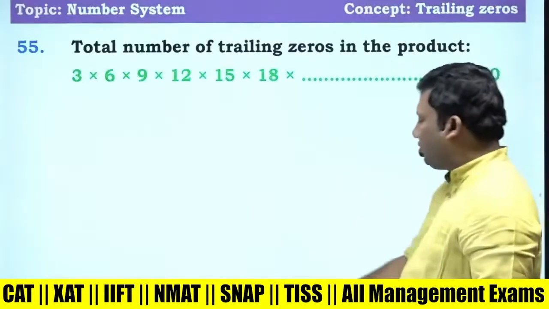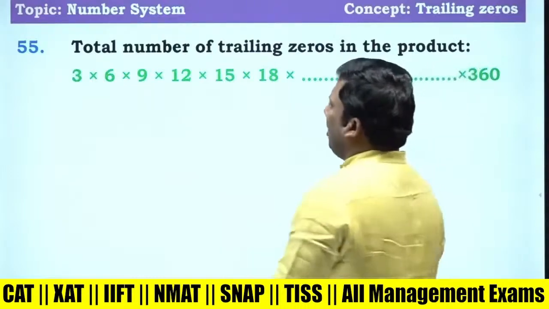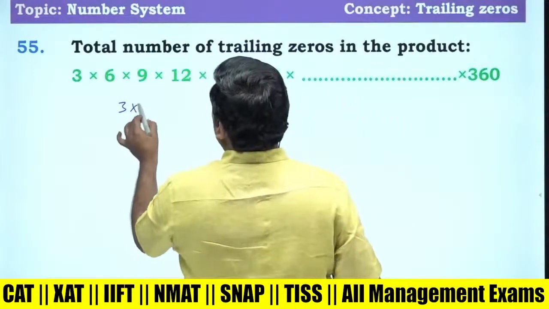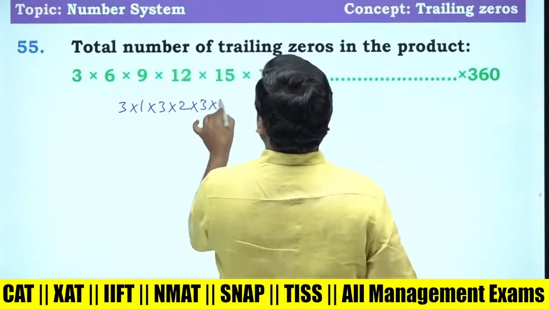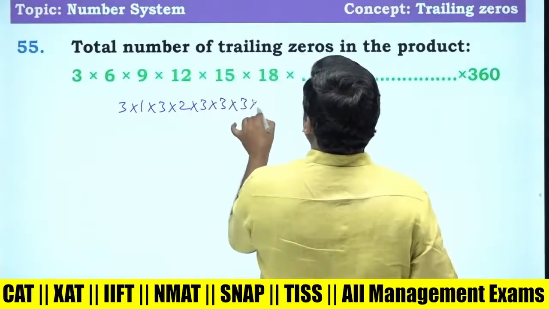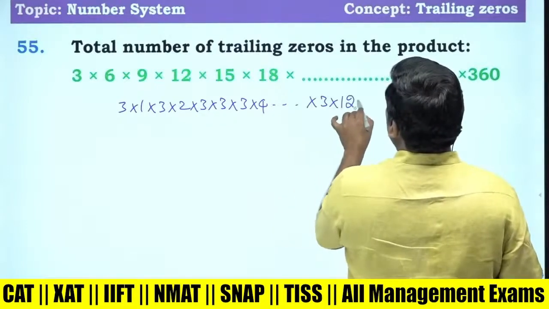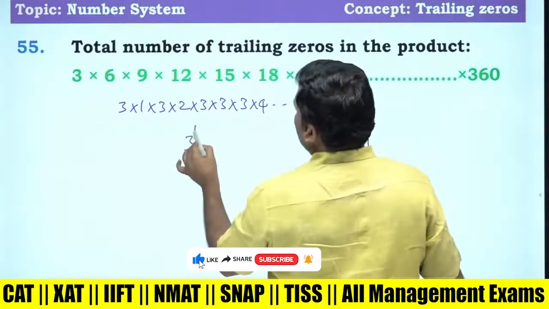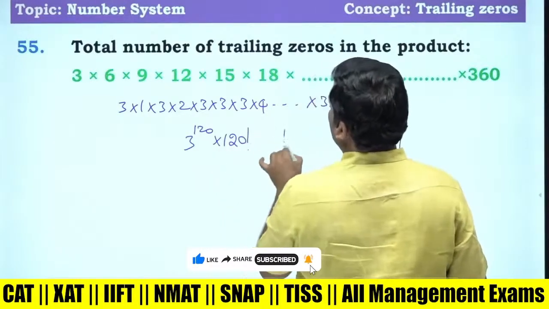55th question. Already we have done enough questions of this model. 3 1s are 3, 3 2s are 6, 3 3s are 9, 3 4s are 12, and so on till 3 120s are 360. So this will become 3 power 120 into 120 factorial.